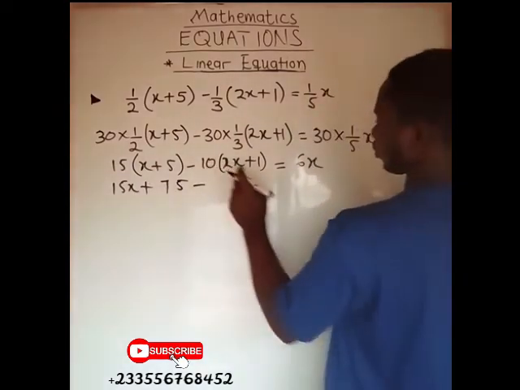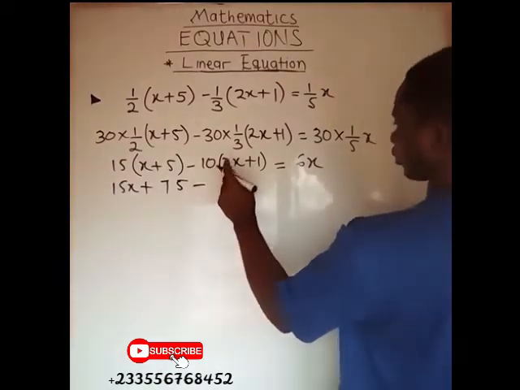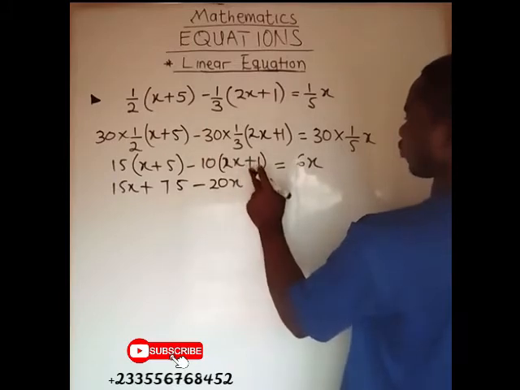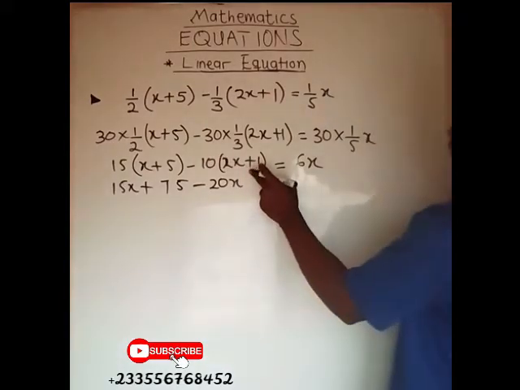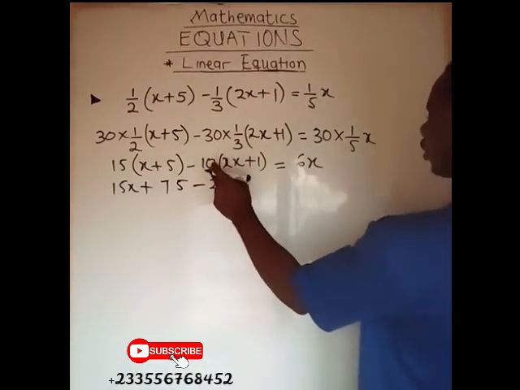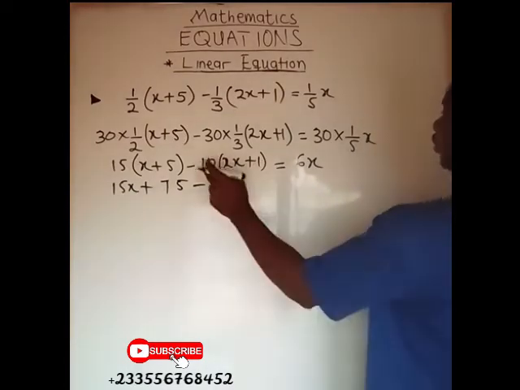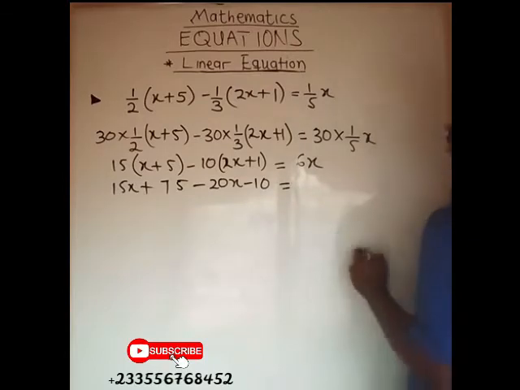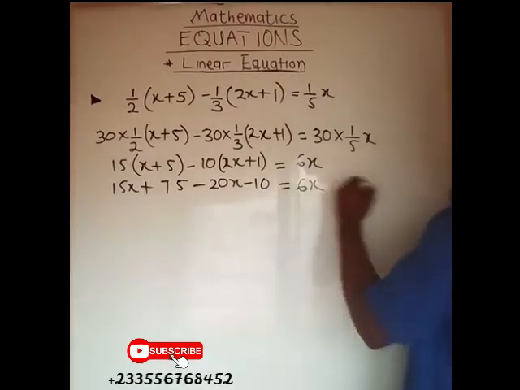Then minus 2 times 10 will give us 20x. The negative will affect the positive. So we'll have negative 10 times positive 1 will give us negative 10, which is equal to 6x.